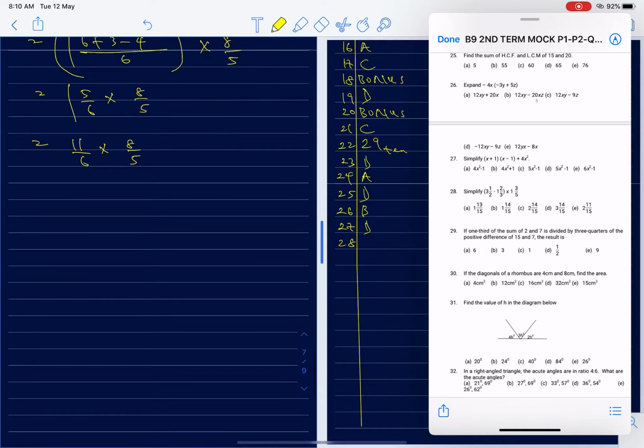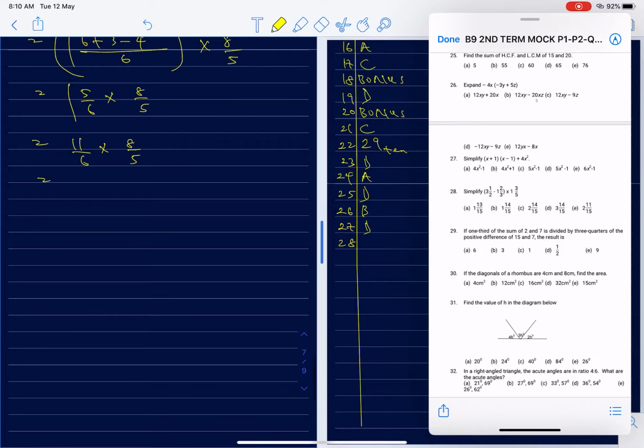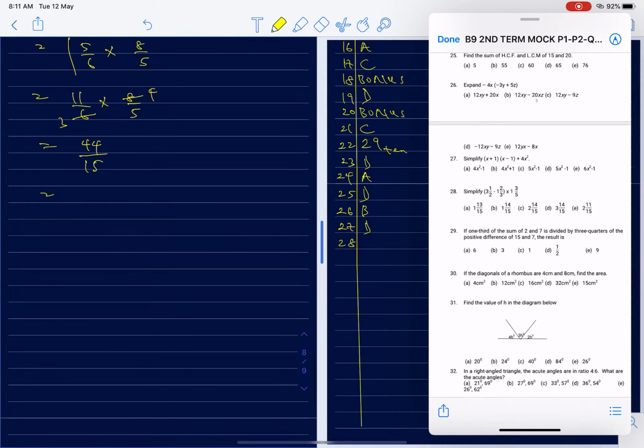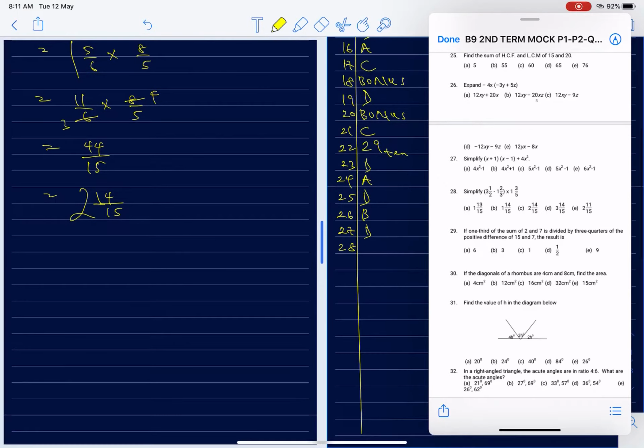Simplifying, 2 here 3, 2 here 4, and that's the same as 11 over 15, and that's the final answer. No, cannot be. The answer is 44 over 15, which is 2 and 14 over 15. Fractions must always be in their simplest forms, so that's the correct answer, 2 and 14 over 15, which is C. 28 is C.